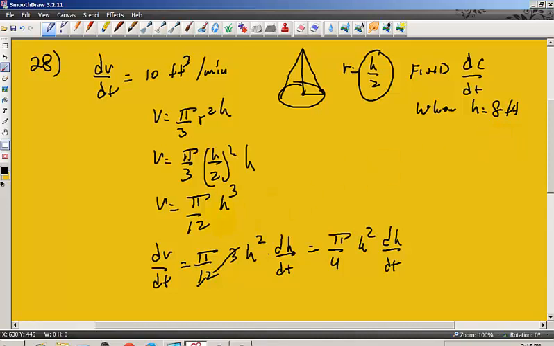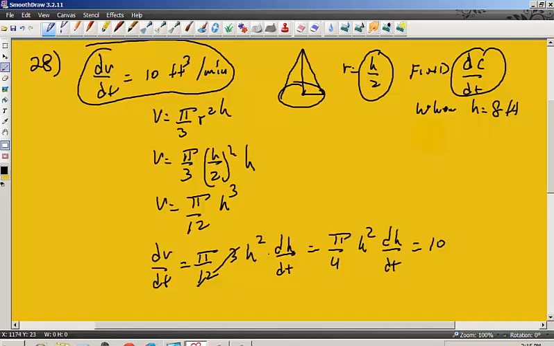Well, we have a number for this that's equal to 10, because that's my change in volume. Now, the problem is we're looking for dc dt, so we need another formula. Circumference is 2 pi r. If I take the derivative of this, I'm going to get dc dt, but I'm also going to get dr dt.